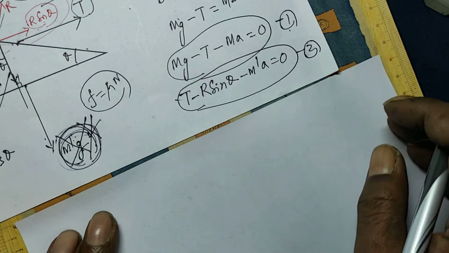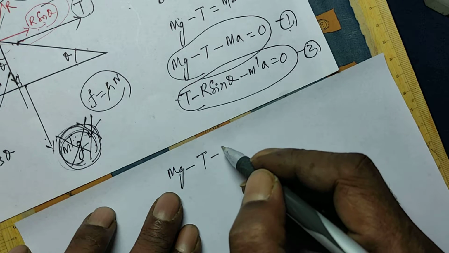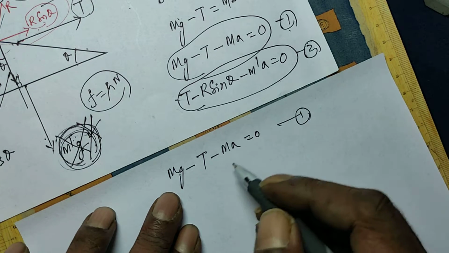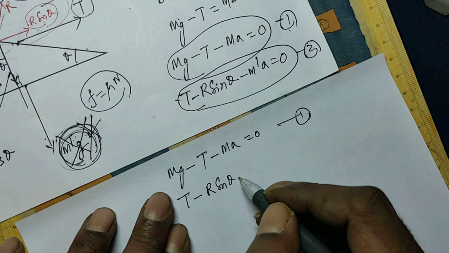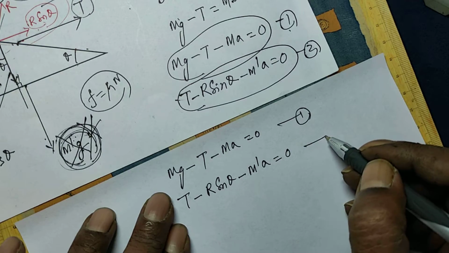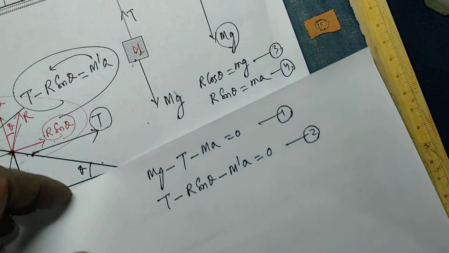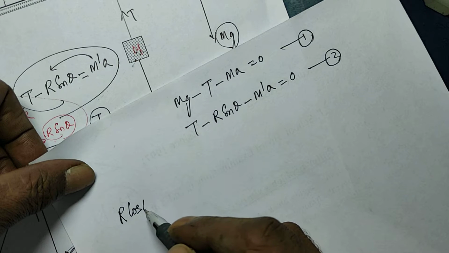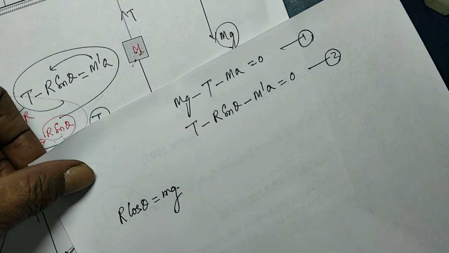So your first equation is mg minus T minus mg is equal to 0. Your second one, T minus R sin theta minus m dash a is equal to 0. And your third one is R cos theta. R cosine theta is equal to m times g, the small m times g.